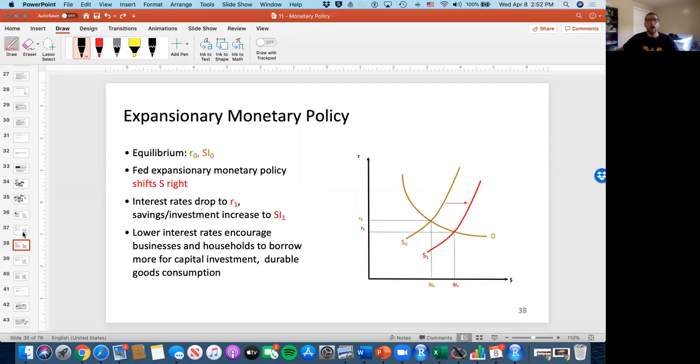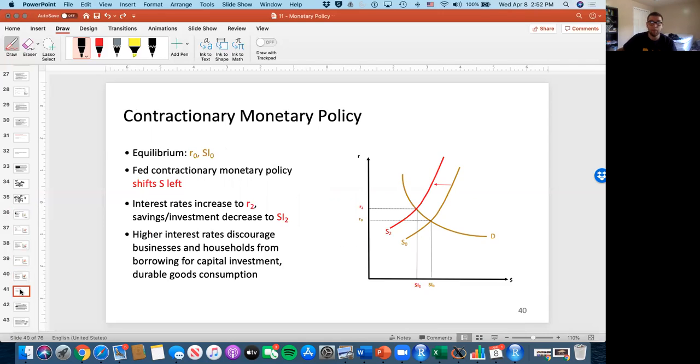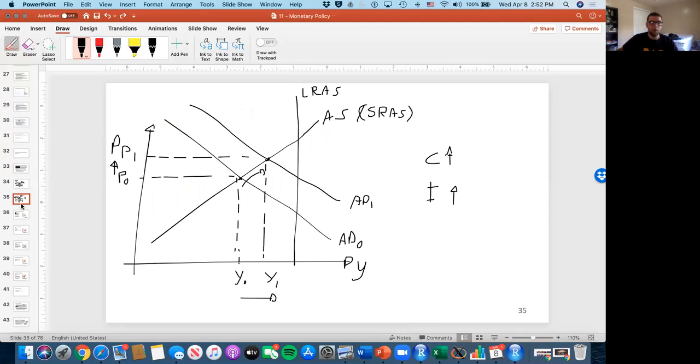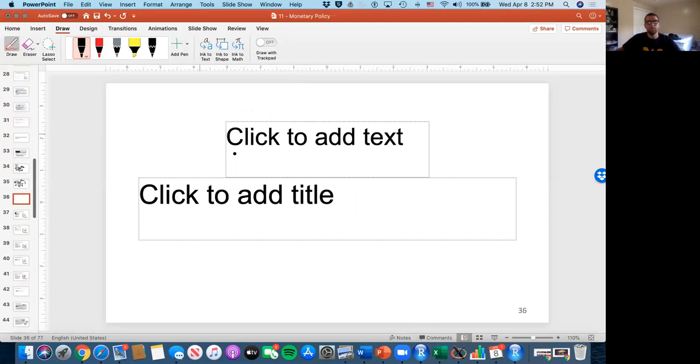If you look at the slides here, we're going to talk about the idea of how we move from the loanable funds graph, interest rate and investments, to the aggregate demand and aggregate supply. Okay, so thinking about that, we also can create an example of a contractionary policy, right? So let's create an example right here.